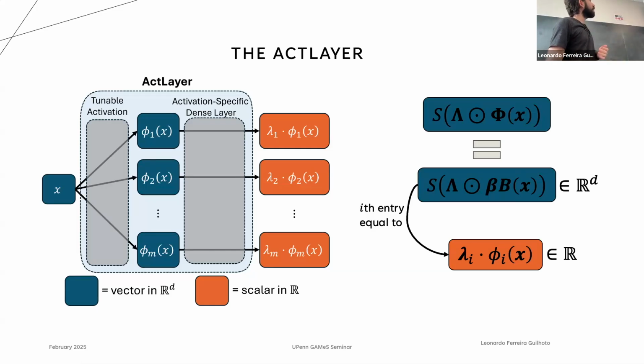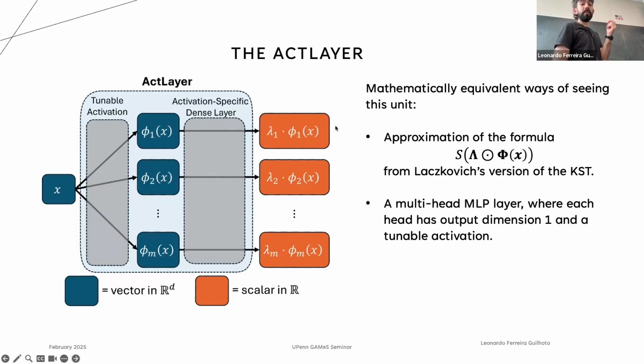And then we map that using a dot product to a different dimension, in this case R, so R1. So each one of these paths can be seen as a tiny multi-layer perceptron, like a dense layer of a neural network, where we have a tunable activation phi i, and the output dimension is 1.